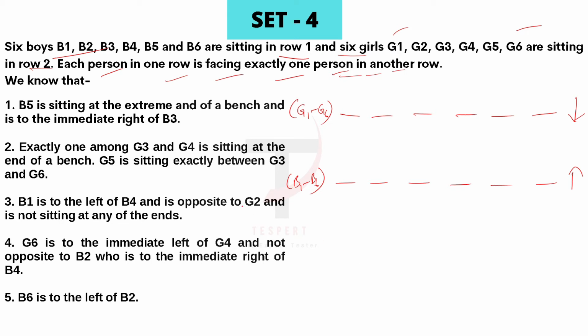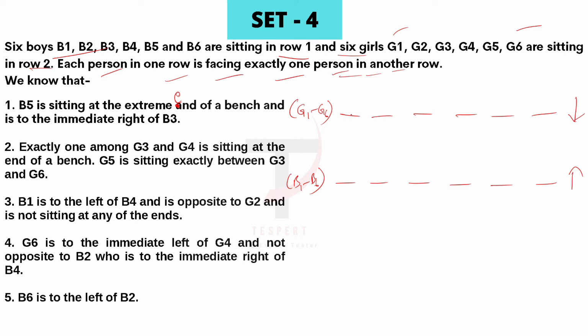Whereas if we consider statement number 1, B5 is sitting at the extreme end of a bench and is to the immediate right of B3. This is a straightforward statement.